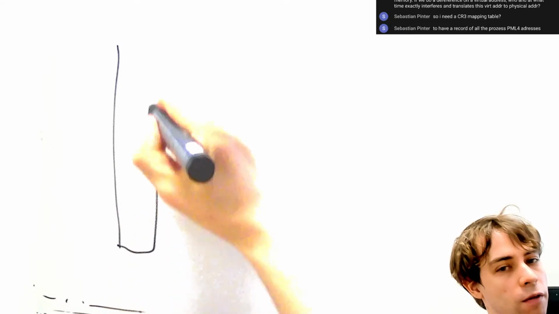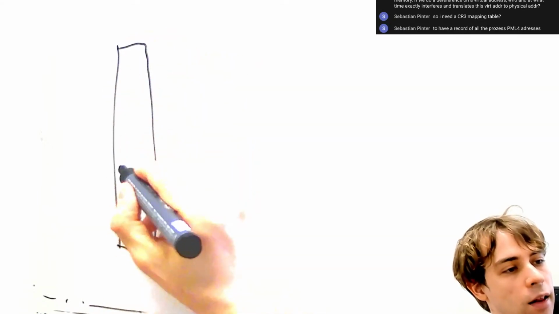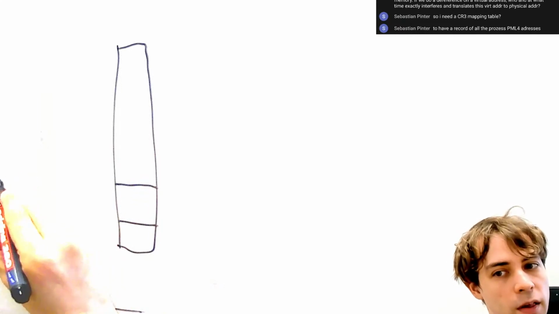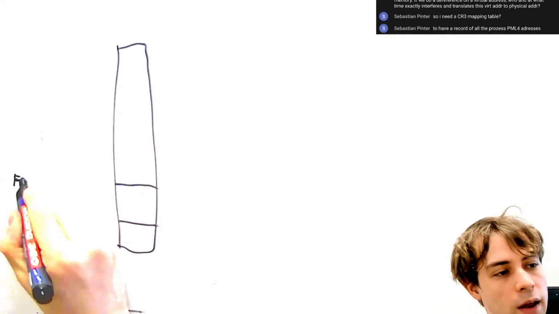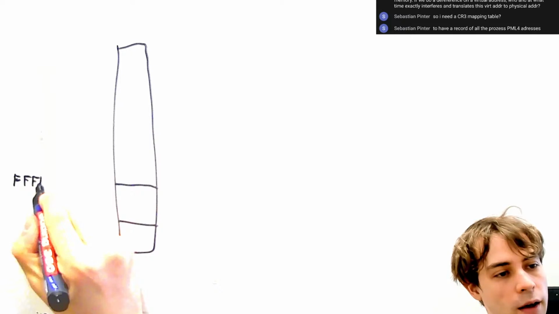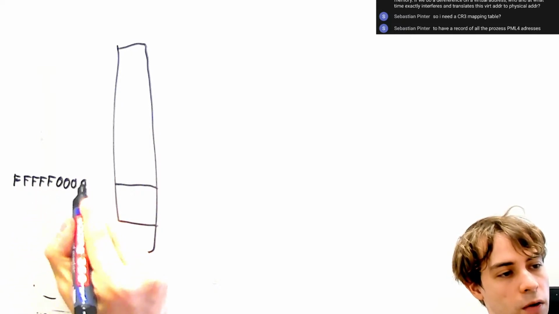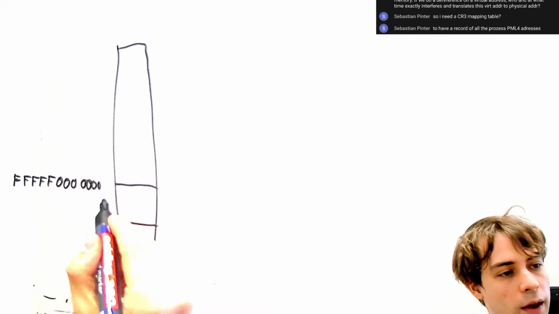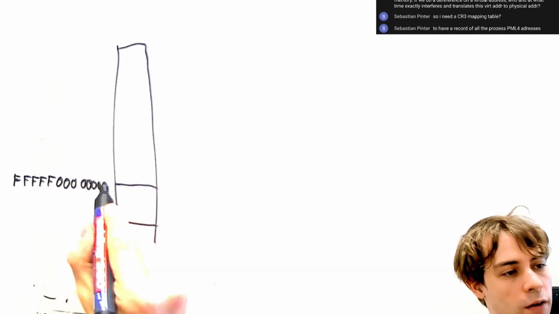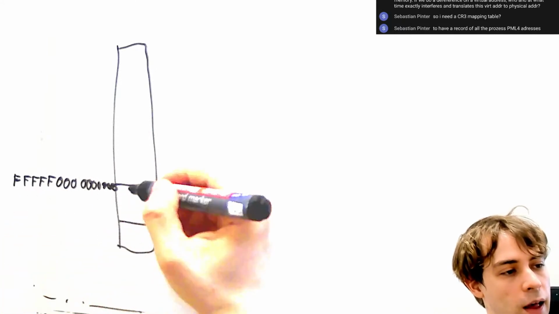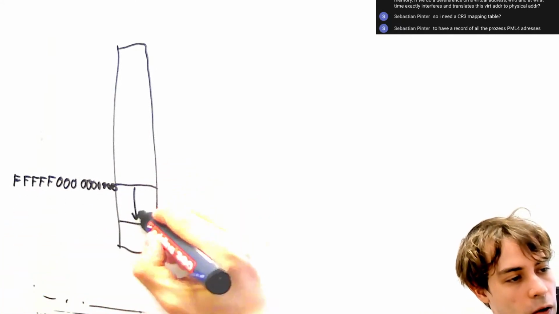So we have the virtual address space here, and there's a region here which starts, in the case of SWAP, at F followed by zeros. This is where this address starts, and it goes from here to there.